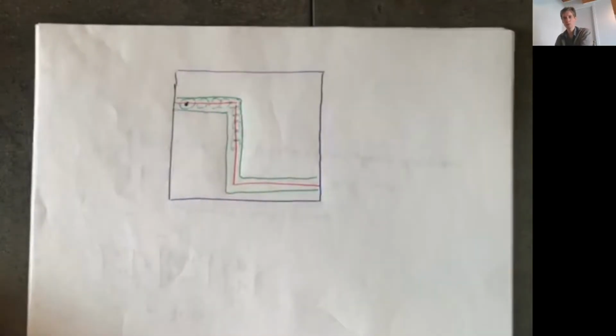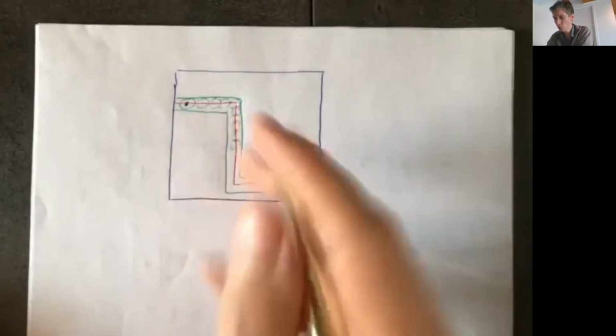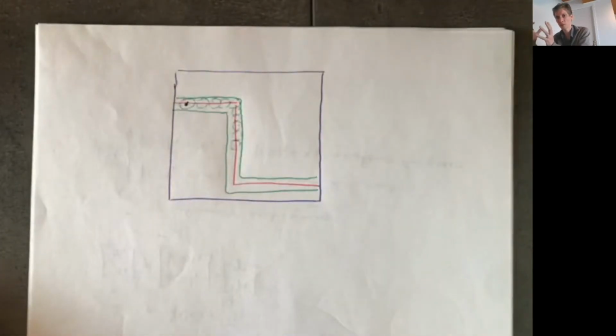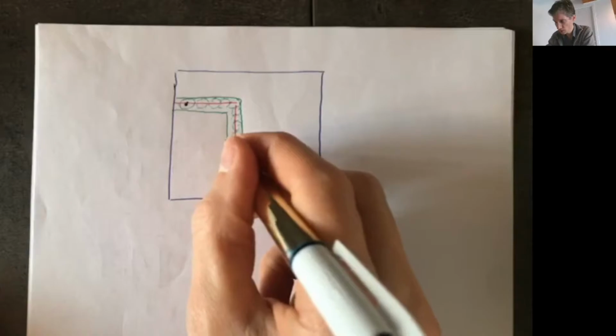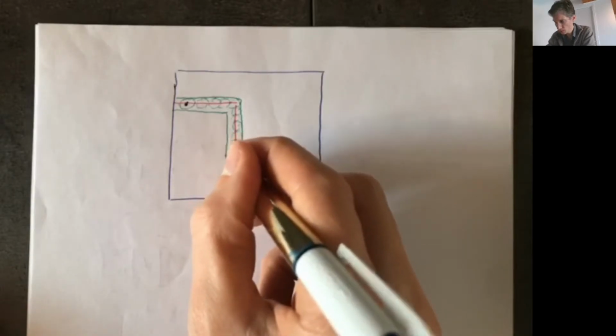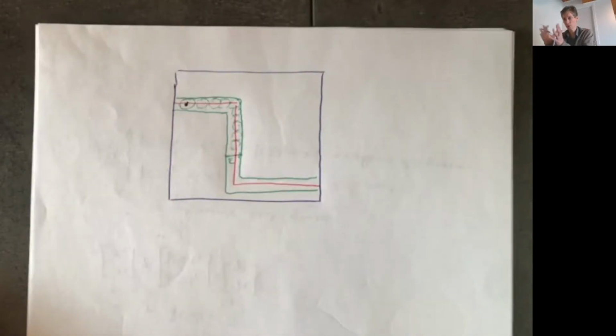Intuitively, what you can think of doing is blowing up this correspondence by an epsilon amount. Here this distance will be epsilon. So you're going to make the correspondence thicker.